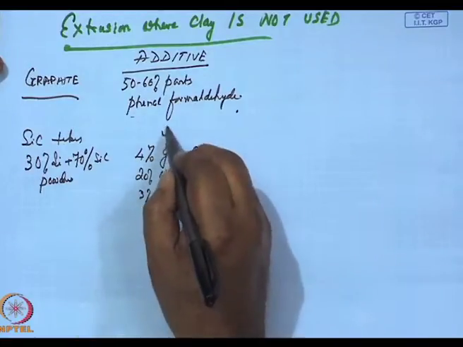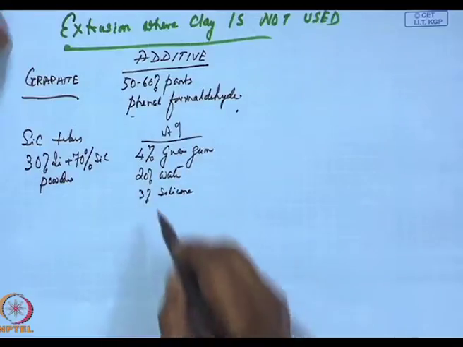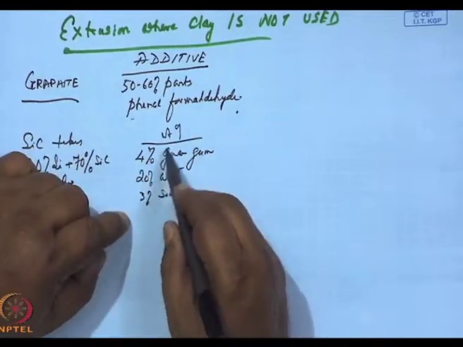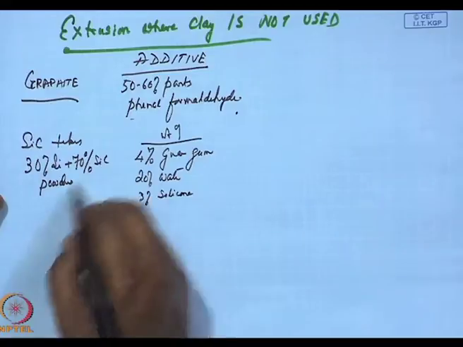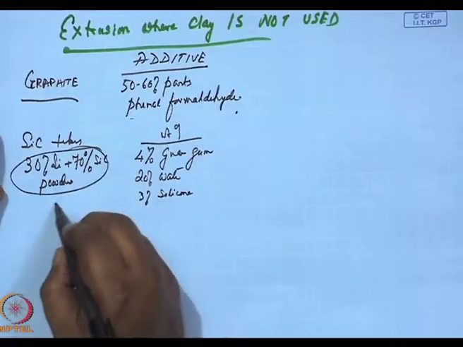These are weight percent. So, I have got 20, 24, 27 weight percent of this, and hence this will be overall 73 weight percent.